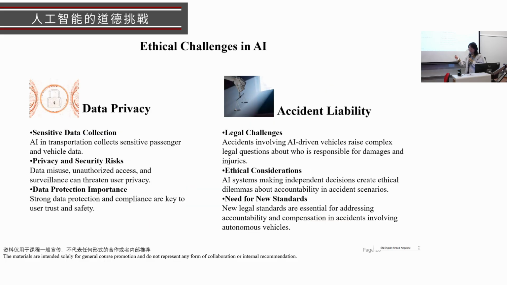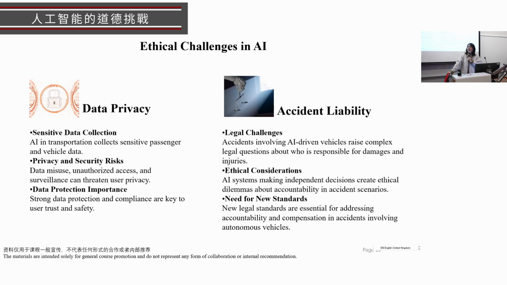So I will take the same example in the traffic system. If I ask you a very simple question: if an AI-driven vehicle has an accident, who is responsible for this accident? You may give me some answers. The people in the vehicle, in the car, should be responsible for it.